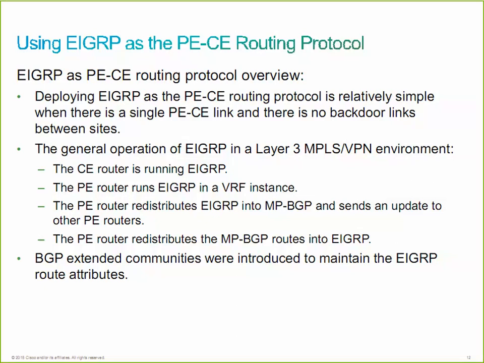Remember, we're talking about the process of getting the routes from one provider edge router to the other provider edge router. We know that there has to be some sort of redistribution for that to take place because we're going from some IGP protocol, which gets the routes from the CE router to the PE router, to our MPBGP protocol, which gets the routes from our PE router to our PE router. Okay?